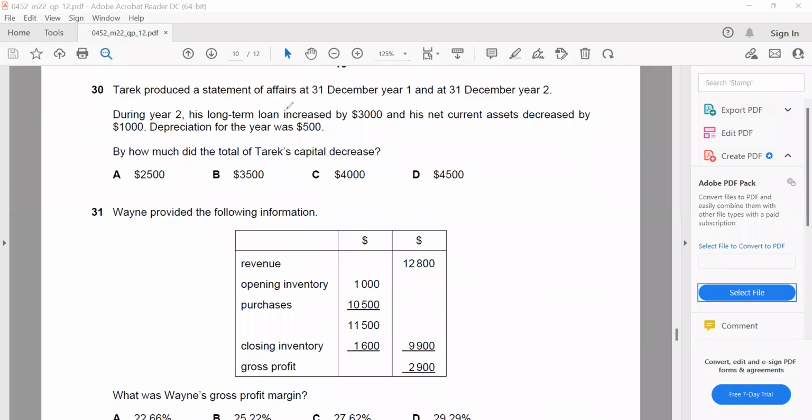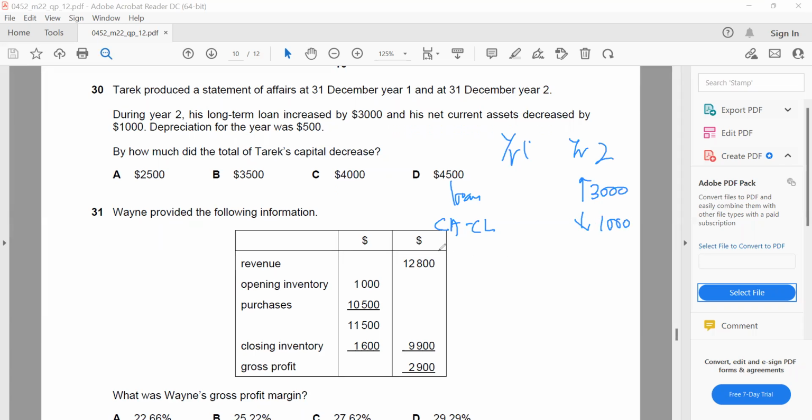Tari provides a statement of affairs at 31st, year 1 and year 2. During year 2, his long-term loan increased by 3,000, and his net current assets, that is current assets minus current liabilities, decreased by 1,000.